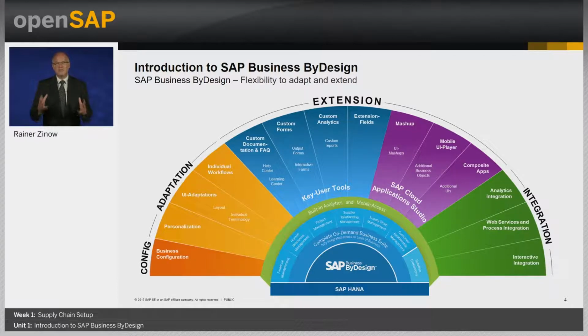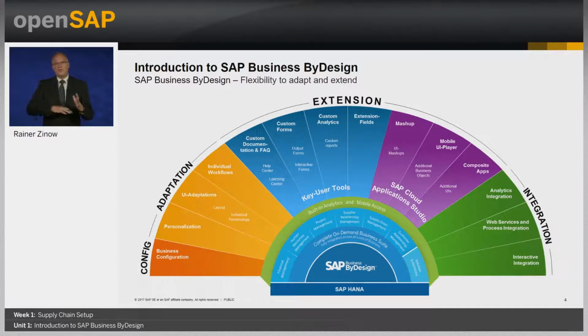Especially in the mid-market, business processes are never static. They are changing fast. It's not exactly every day, but pretty often companies say, hey, I can be a bit better. And then they need the ability to adjust the user interface, introduce additional analytical reports.